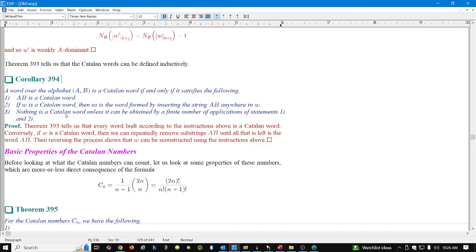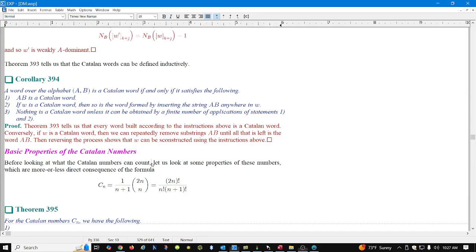And nothing, this is the limiting clause, nothing is a Catalan word unless it can be obtained by a finite number of applications of statements 1 and 2. So that's the traditional definition by induction. And the proof is very short. You should think about it yourself, and you can read what I wrote here.